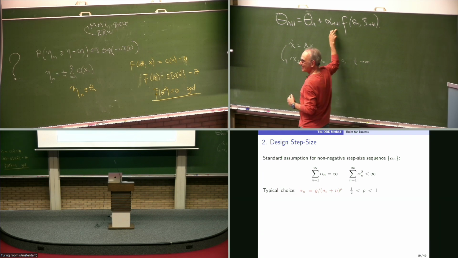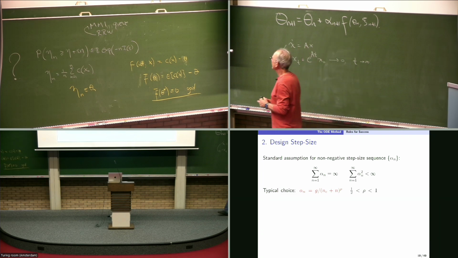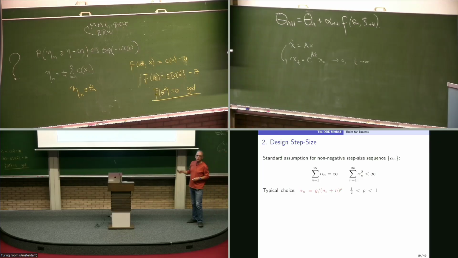Step size, learning rate or whatever. The first assumption is clear. I have to get somewhere. Think about the Euler approximation. The partial sums of alpha n is like dt, and I need the sum of dt to be infinity so I can get somewhere. The second assumption is kind of weird.